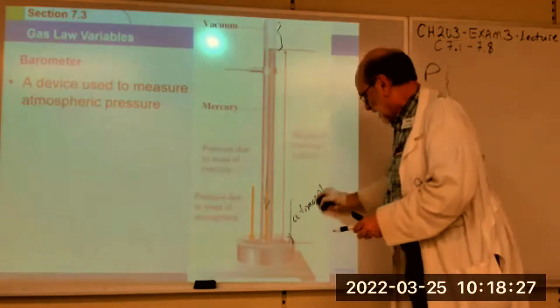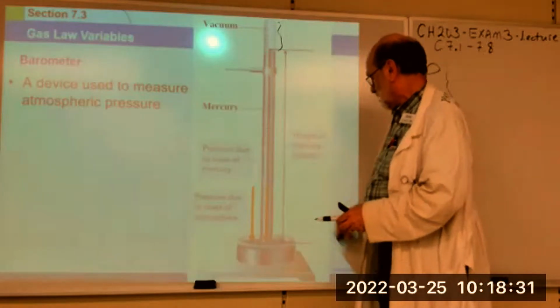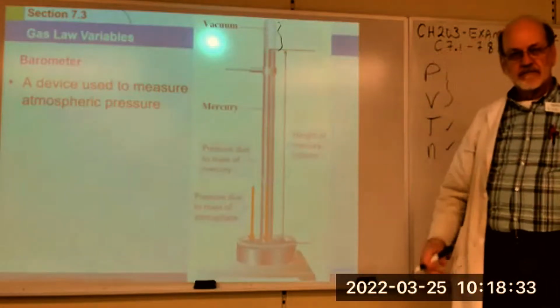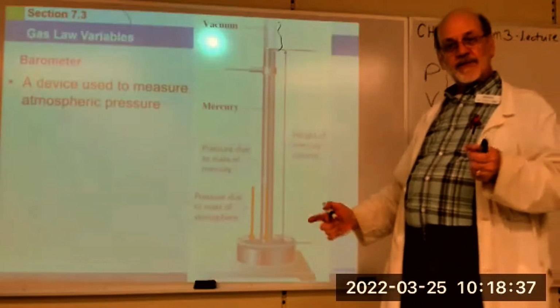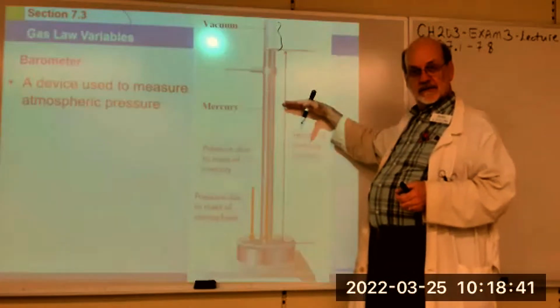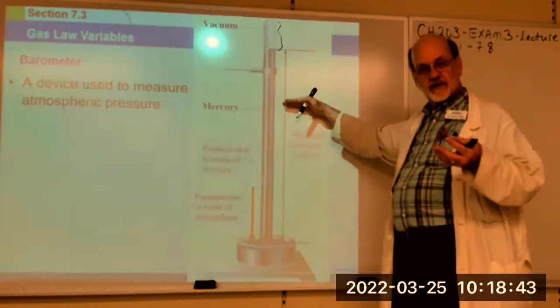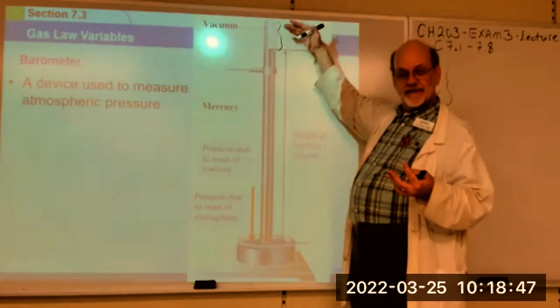So Torricelli noticed that if he put this barometer in the back of his cart and went up the mountain, the mercury dropped. And if he went from where he was located down to the ocean, it went up.